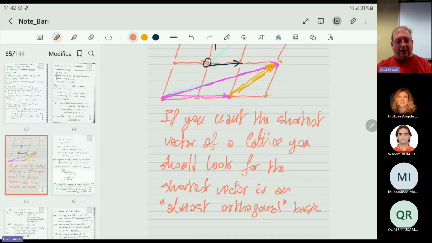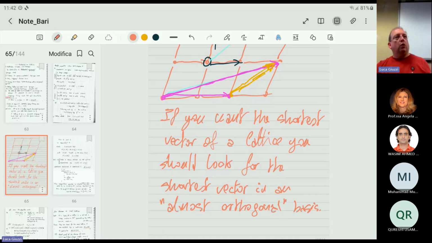This is the idea to solve the SVP problem, the shortest vector problem. It's not that there are no other ways to consider the SVP problem, but this is the best kind of algorithm we can implement.